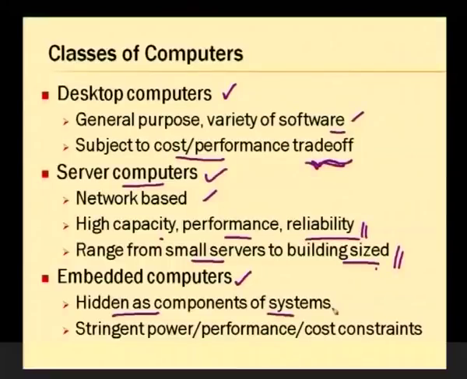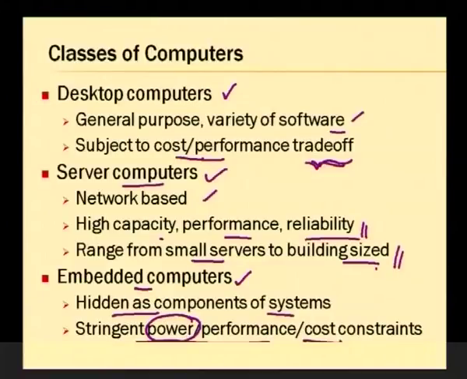Now, what is the major issue that we look at when we look at these embedded computer components? It is stringent power, performance and cost constraints. If you looked at desktop computers, we said we are looking at cost and performance. You can see that when you look at embedded computers, we look at one more factor, which is the power factor. So we look at power, performance and cost.